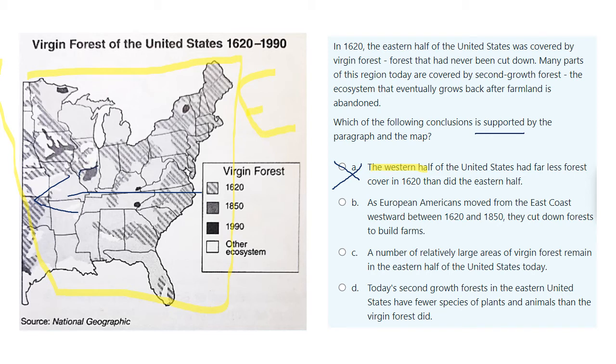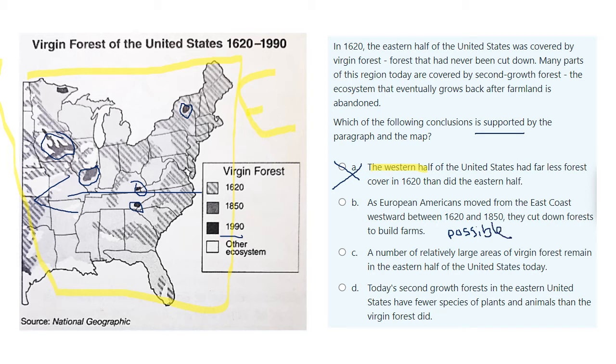Well, by 1850, the area of forest had become smaller. By 1990, the areas are tiny. That would look possible. That would be an explanation for why the virgin forest area is getting smaller and smaller.